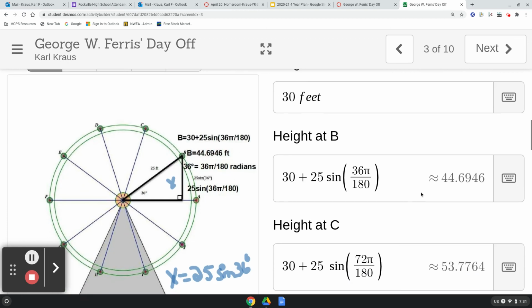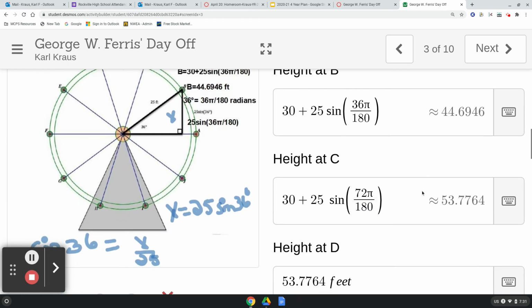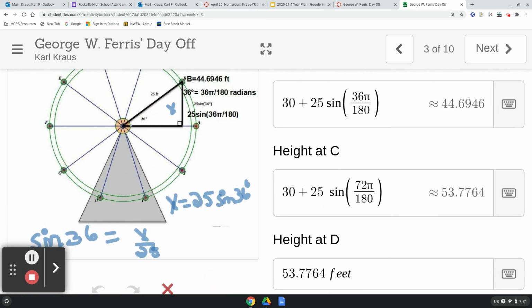So if this is x, then the sine of 36 is the opposite, x over 25. Then x is equal to 25 sine of 36. And in radians, it would be 25 sine of 36 pi over 180.